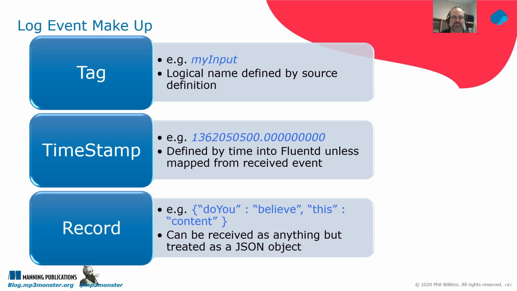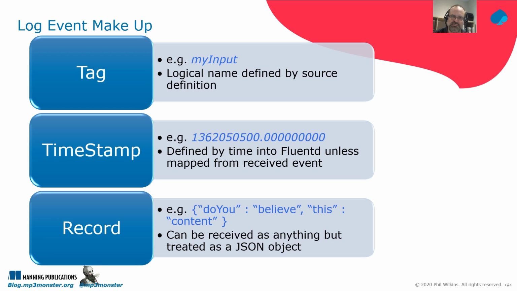So if there's a bit of latency between the log file appearing and when you pick it up, you can reset your timestamp to be the time that the source system was reporting rather than the time you picked it up, and so on. So there's a lot of flexibility, but everything builds around this.